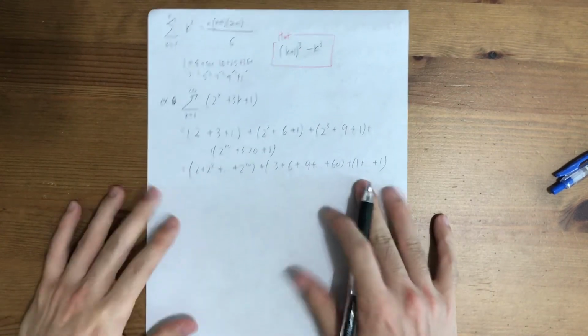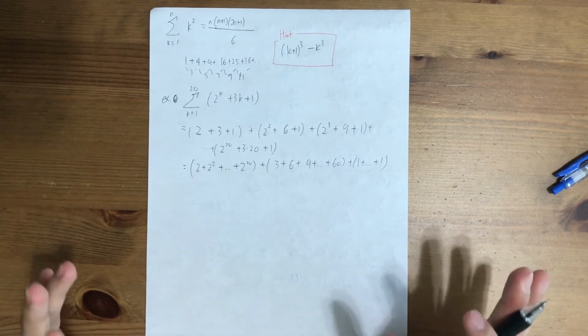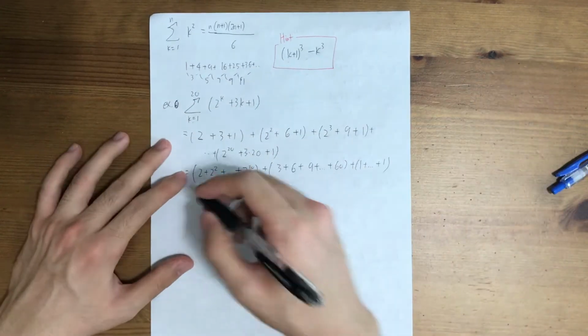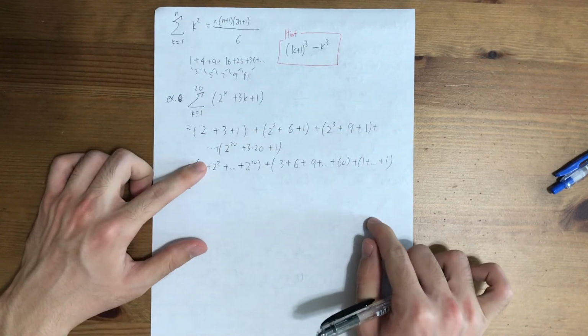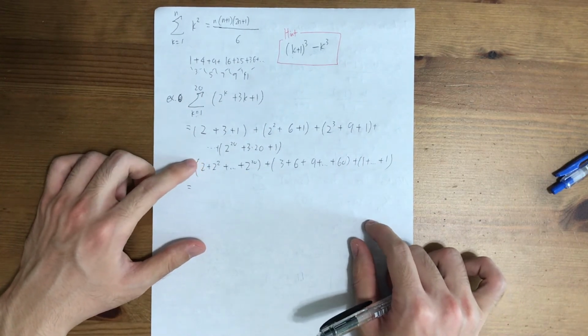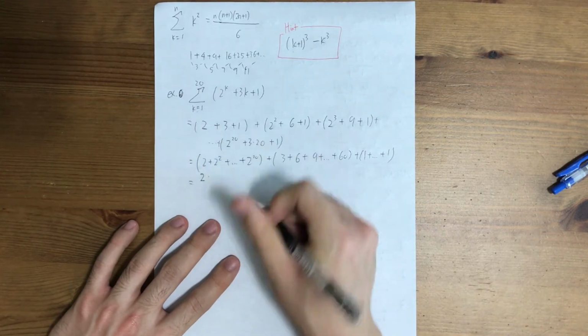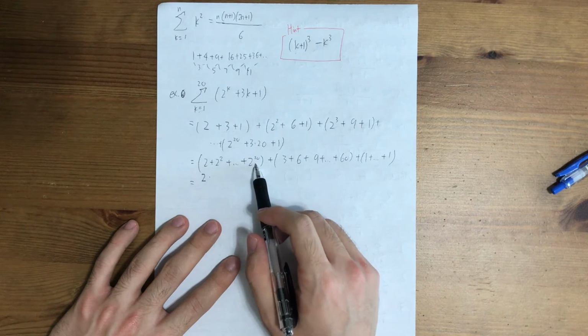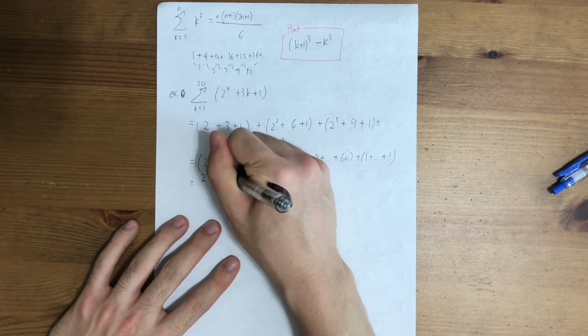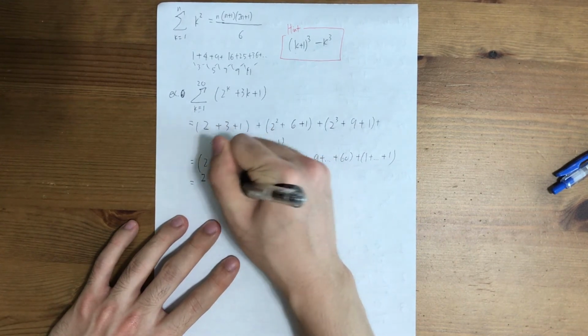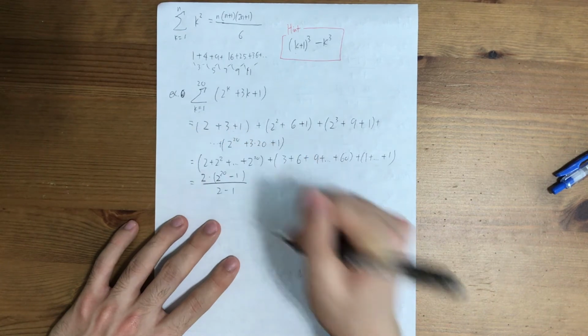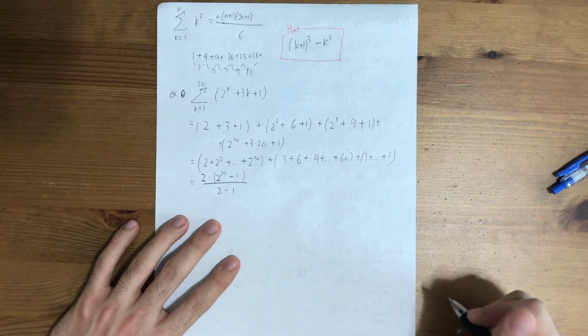it's this, right? Because again, for addition, the order doesn't matter. So what is this? It's a geometric series with the first term 2 and the common ratio 2. And we also know the number of terms. There are 20 terms, so we can directly compute the value using the equation of the sum.